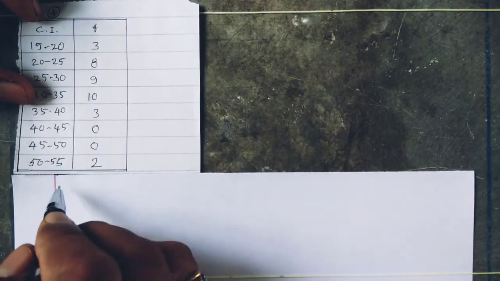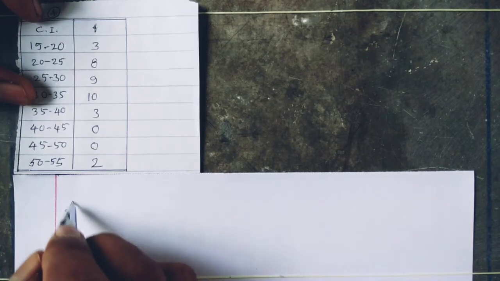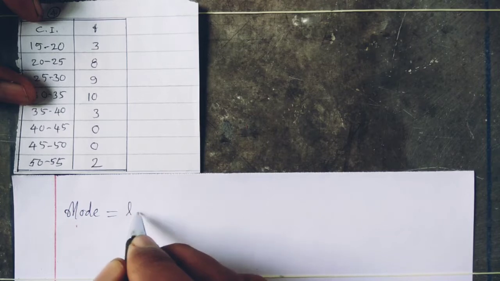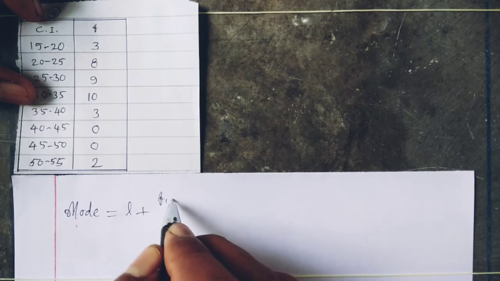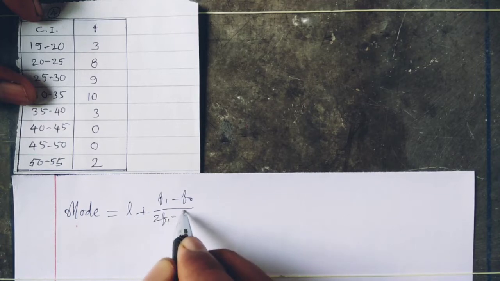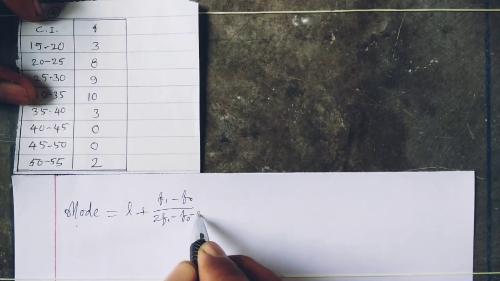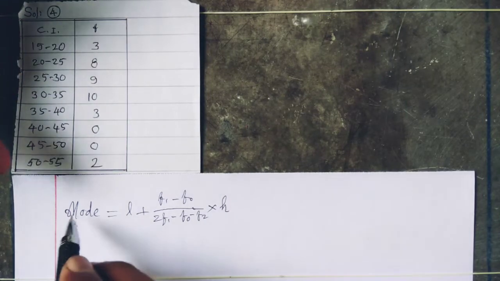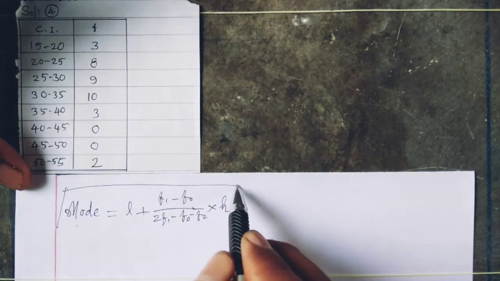The mode is equal to L plus (f1 minus f0) by (2f1 minus f0 minus f2) into h. This is the formula for finding the mode.